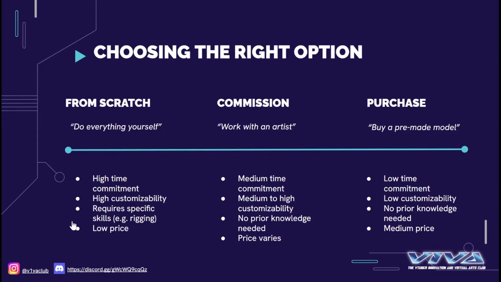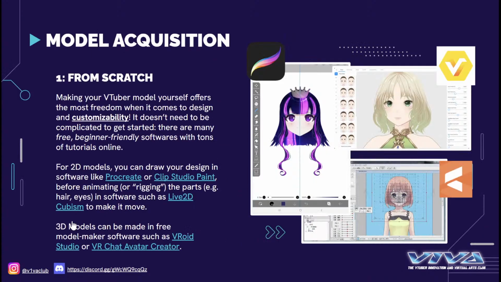It is low price. In comparison, you can purchase a pre-made model, which is less of a time commitment, but in exchange has low customizability, and you don't need any prior knowledge. But it could be a little bit pricier, whereas commission is in the middle, with medium time commitment, high customizability, and a price that varies by artist.